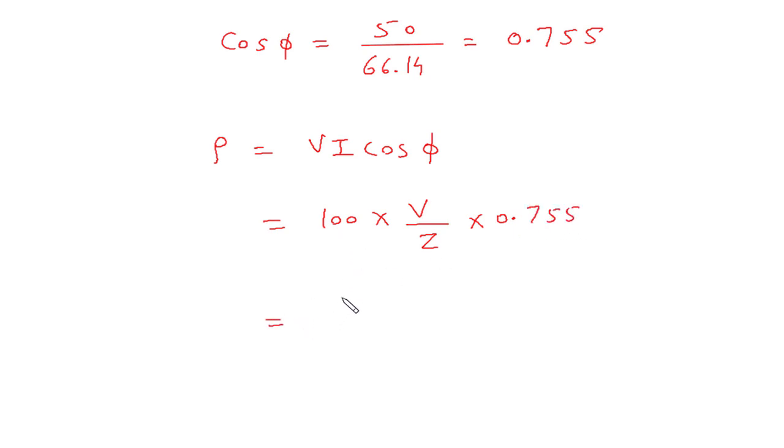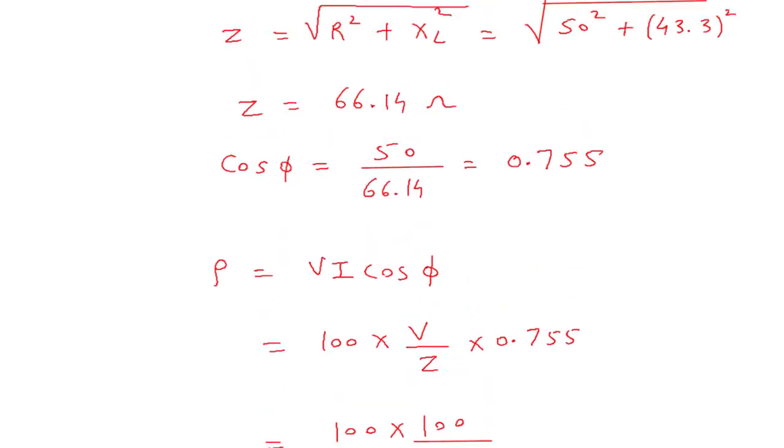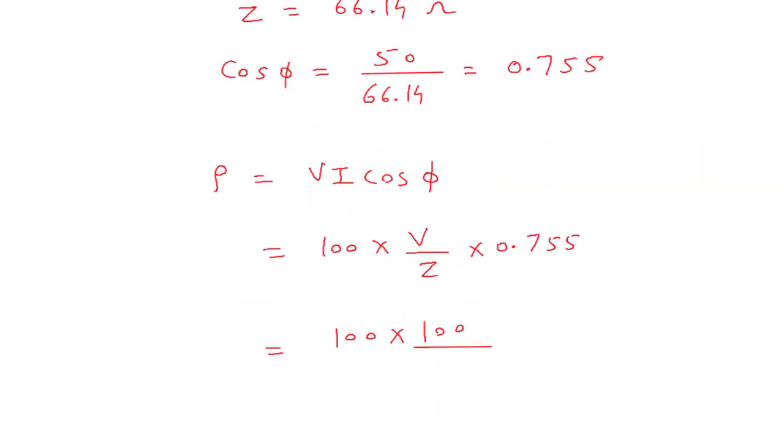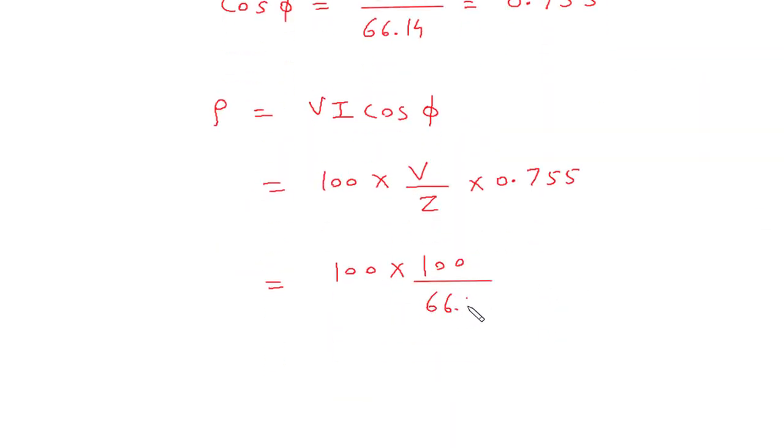So this will be 100 into 100 divided by 66.14, into 0.755.